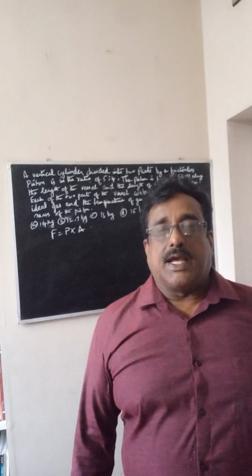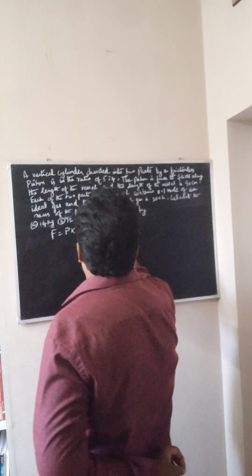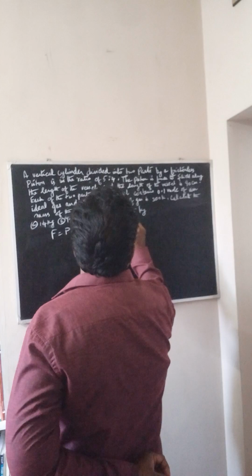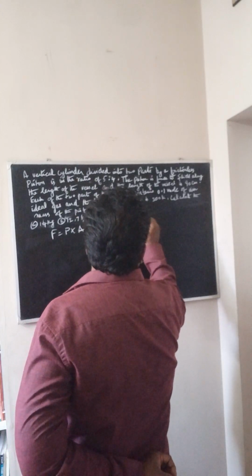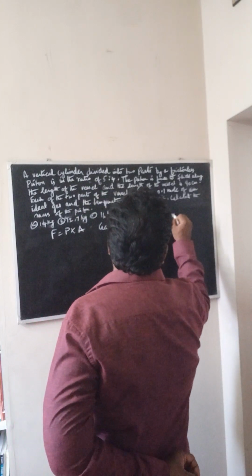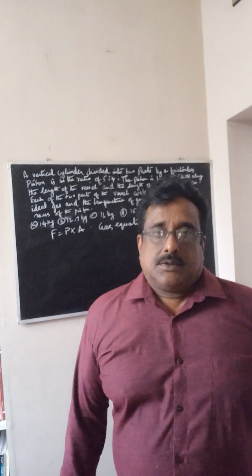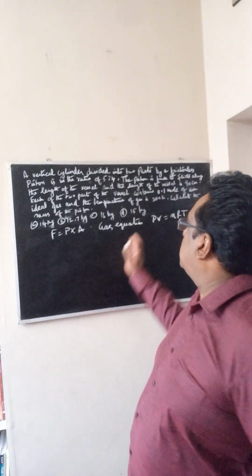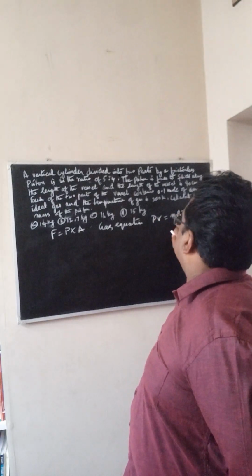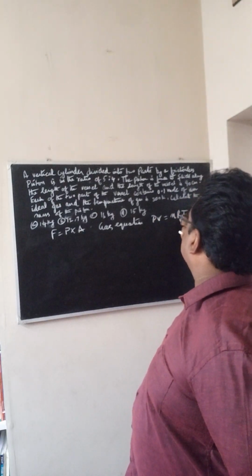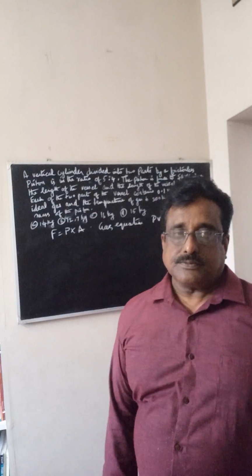Also from the ideal gas equation, we know PV is equal to nRT. Pressure into volume is equal to n, the number of moles, R is the gas constant, T is temperature.